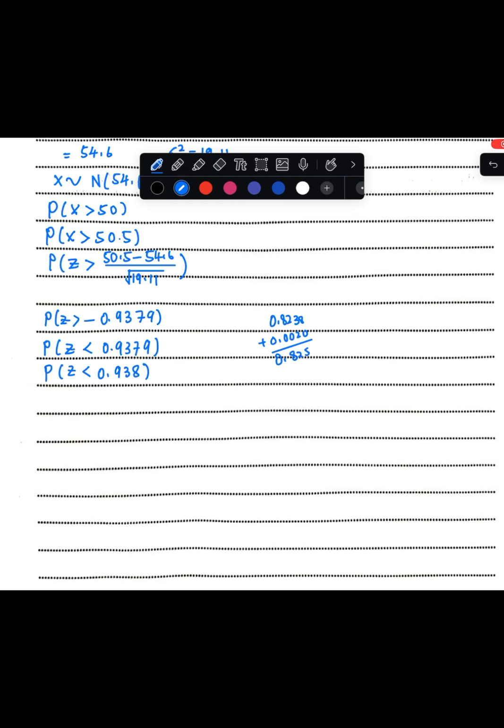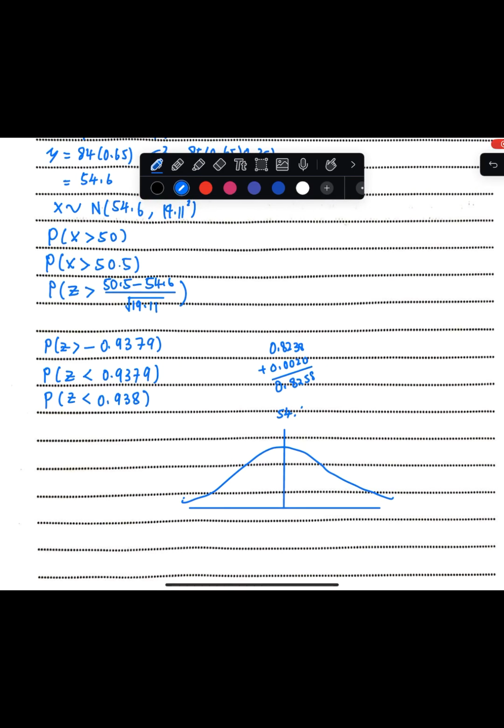So the probability of Z smaller than 0.938. Let me visualize for you guys. So the mean is here, 54.6.